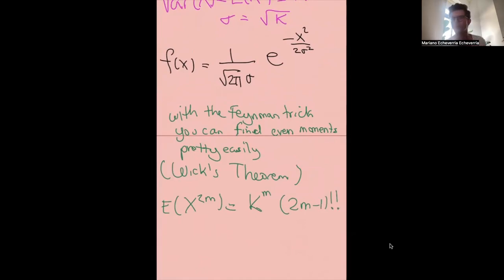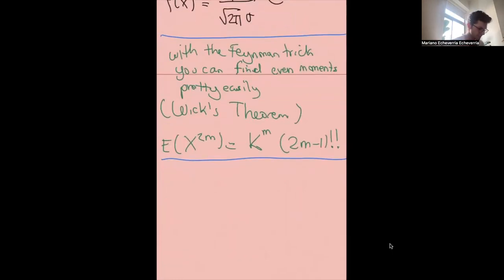I have to tell you what the double factorial is, because I don't think we have mentioned it before. So what's a double factorial? This 2m minus 1 with the double factorial.